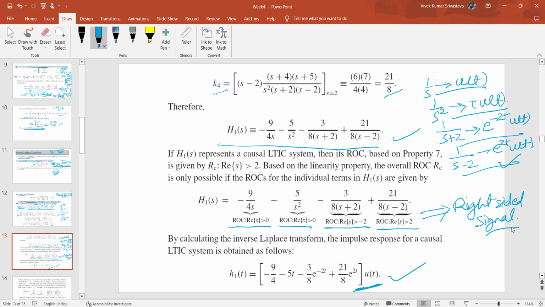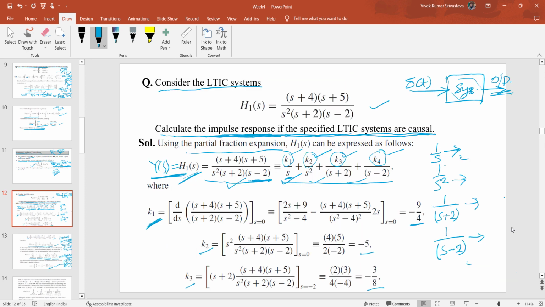Sir, how do we know it's right sided, sir? Basically, the region of convergence is defined like this: for 1 over s minus 2, if you plot in the s plane, I am taking the real part of s greater than the pole location, so this is a right sided signal.